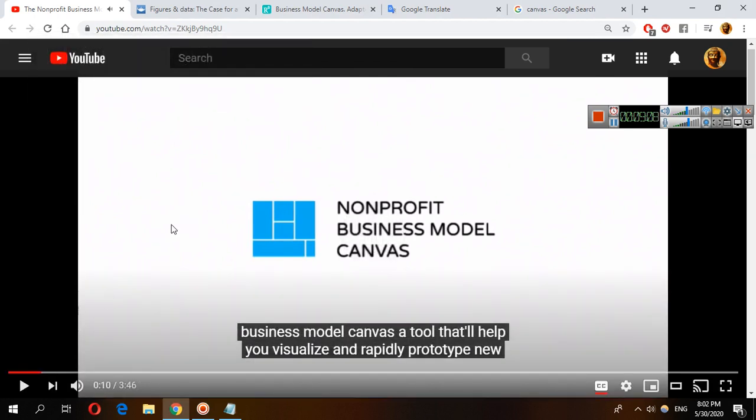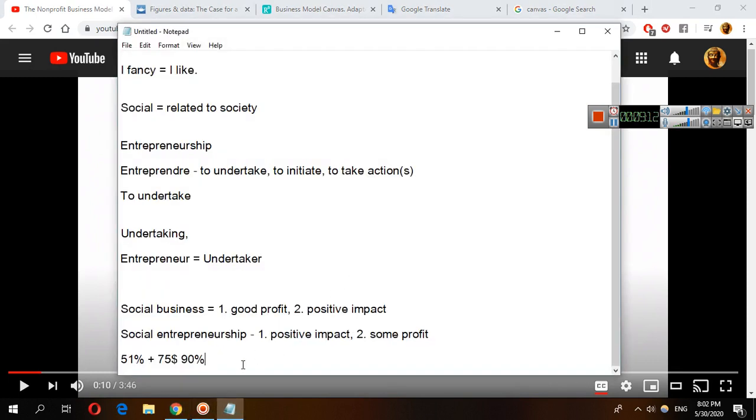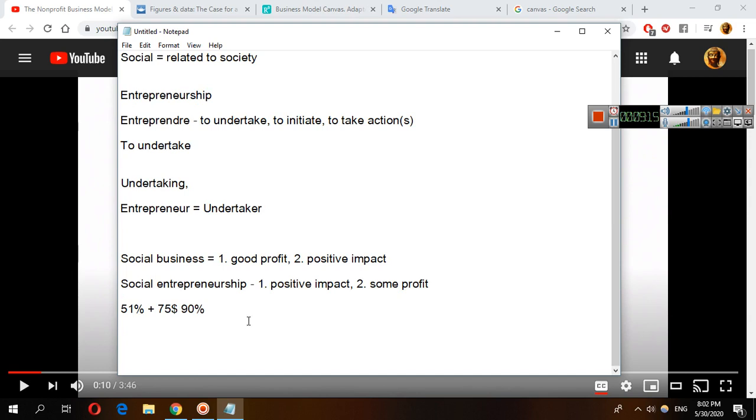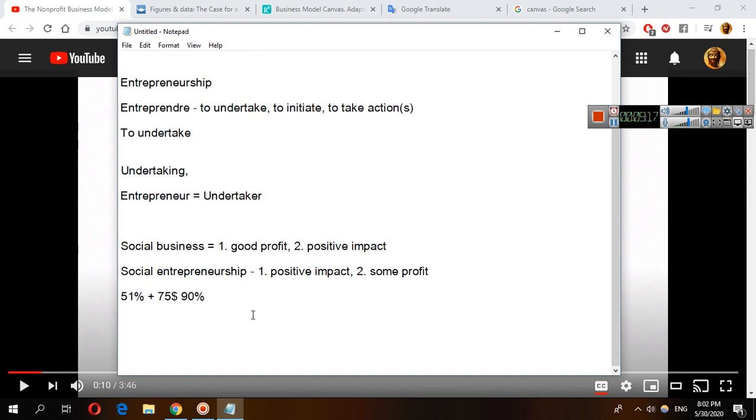So here he's using a specific term, non-profit. It's a rather American or US term, non-profit or not for profit, versus for profit.